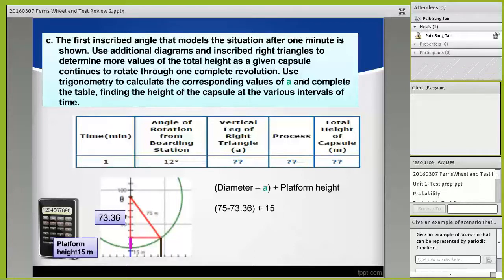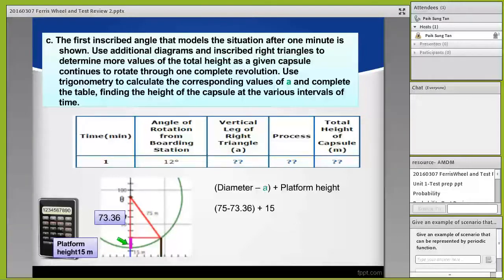So using that, we are going to move on to calculate the total height of the capsule. We just calculated 73.36 for this height right here. And the platform height is 15 meters. So now we need to figure out this pink height right here.